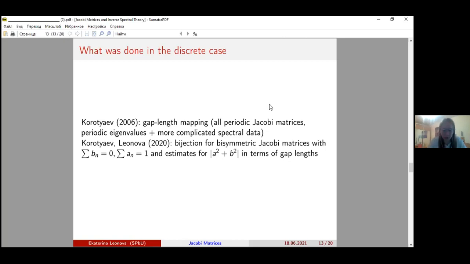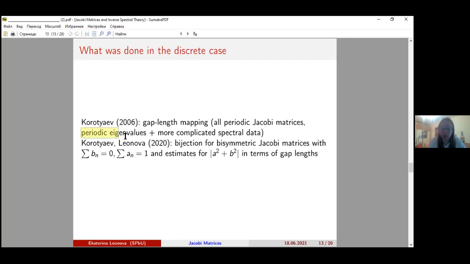So we can see how it changes with the change of the matrix, because it's smooth and all. But it was made not for some kind of even matrices. It was made for all periodic Jacobi matrices. I don't put this mapping here because it needs a page of explanation.